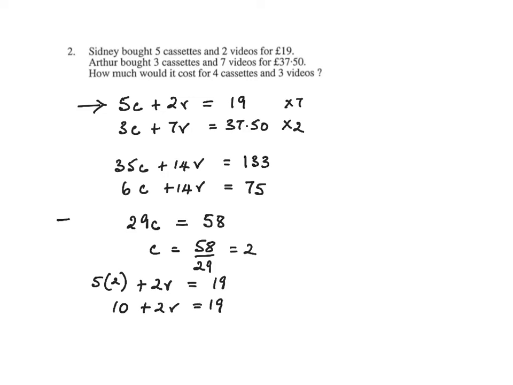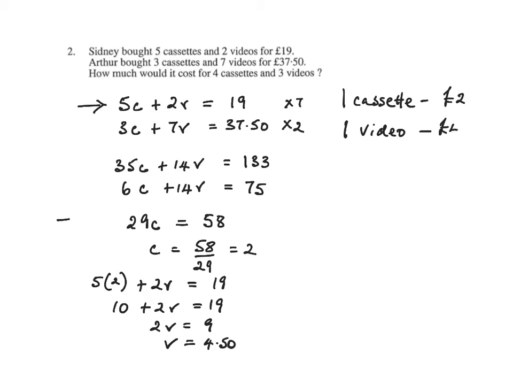If I subtract 10 from both sides, 2v equals 9, and v then equals 4.5. Now what I should state then is that communication of the answer is important, so 1 cassette costs £2, and one video costs £4.50.